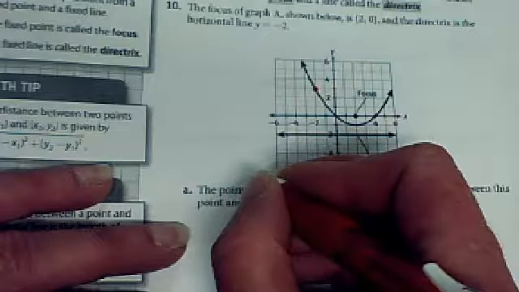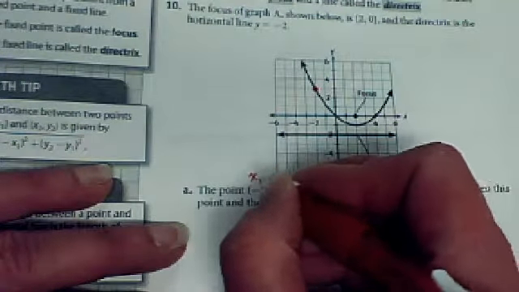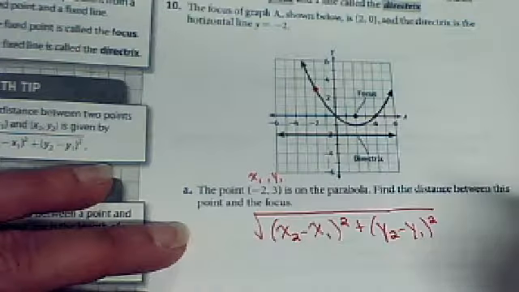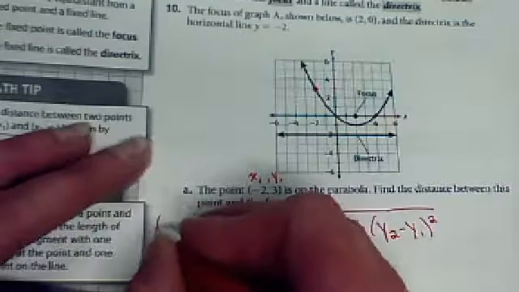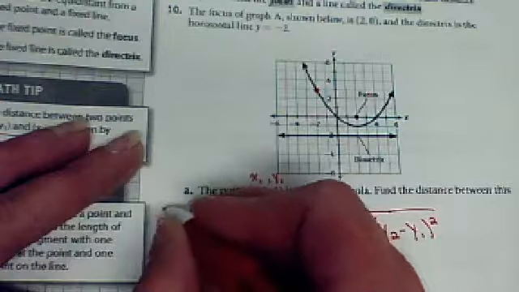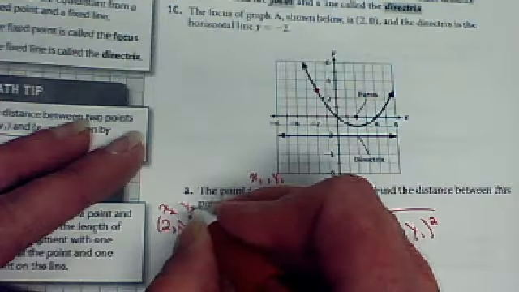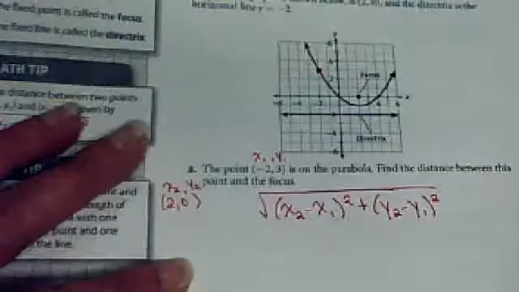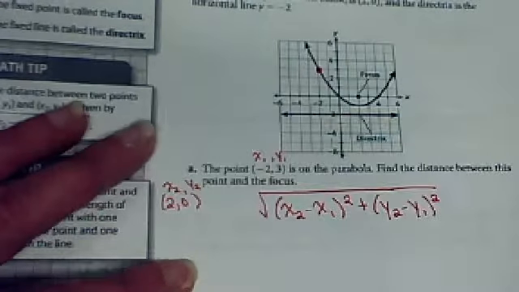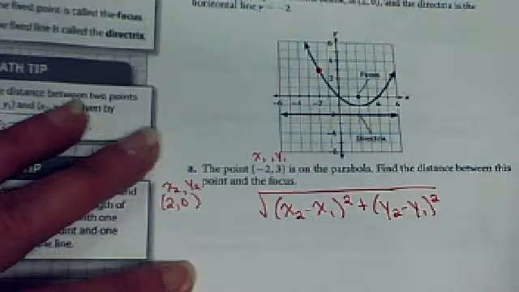So let's make this one be (x1, y1), and we'll let (2, 0) be (x2, y2). It doesn't matter which point you pick for (x1, y1) and which for (x2, y2), as long as you're consistent.